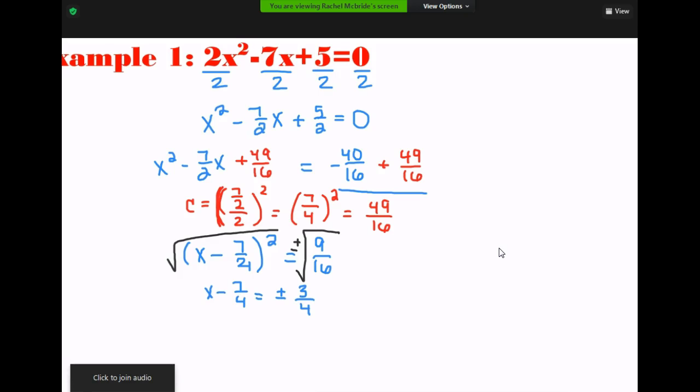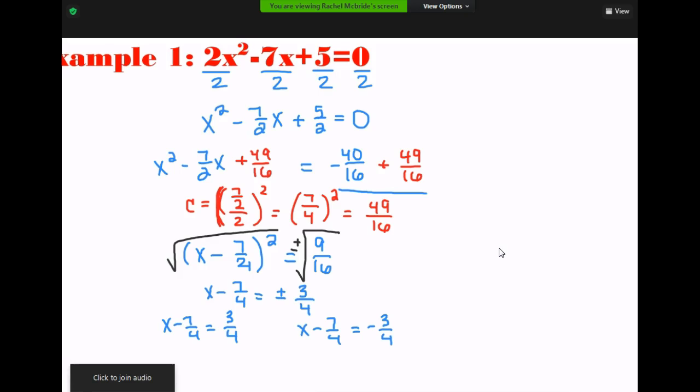Your final answers come from taking each part and solving for x. So what that means is you are going to take x minus 7/4 and set it equal to positive 3/4. And you're going to take x minus 7/4 and set it equal to negative 3/4.